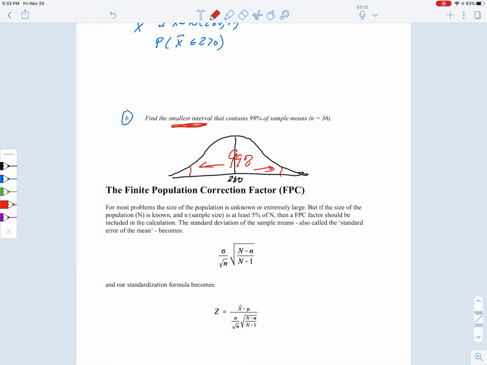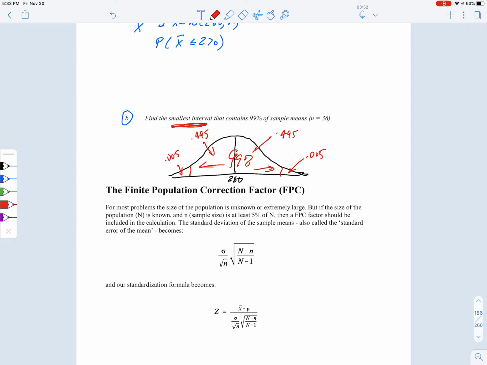So 99% would mean that you've got here half of 99%. So that'd be 0.495 there and 0.495 here. And that would leave you with 0.005 there, or 0.5%, and 0.005 there.